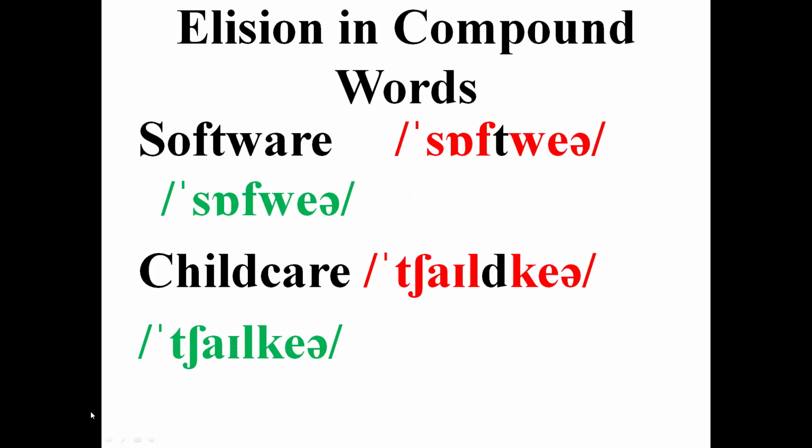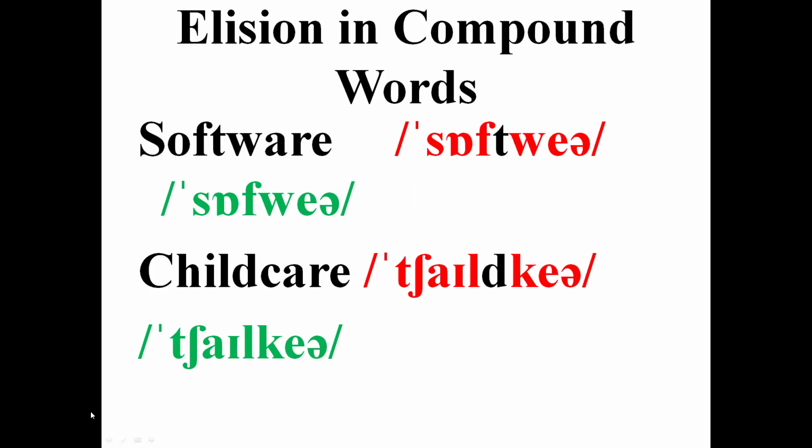Then elision in compound words. When two words combine to make one word, sounds may also be dropped. Such words are called compound words. Take the example of these two compound words, software and child care.